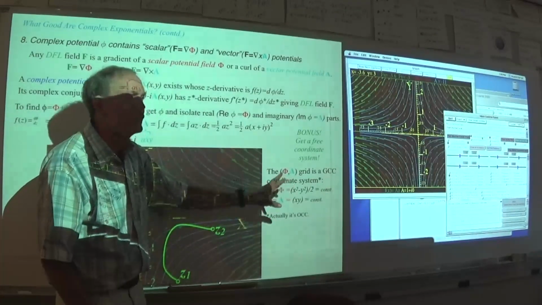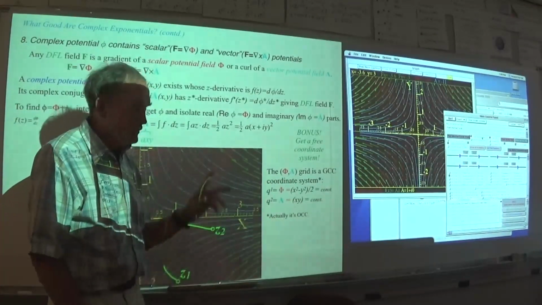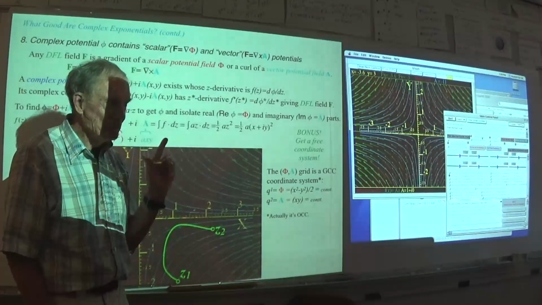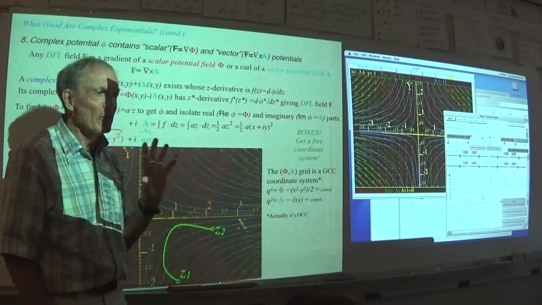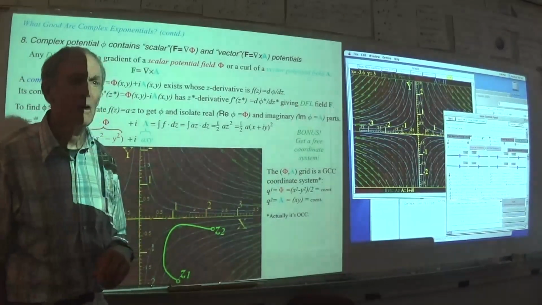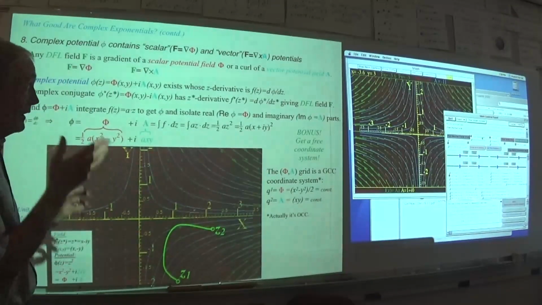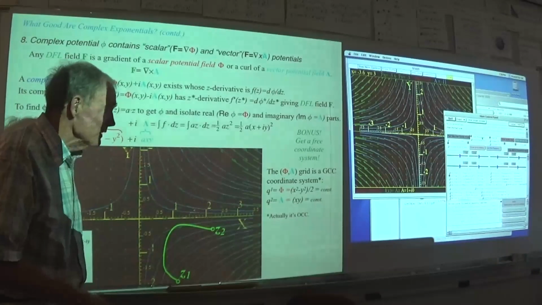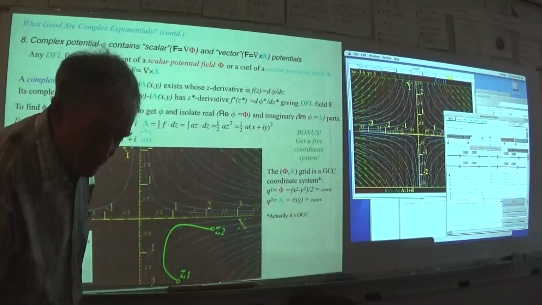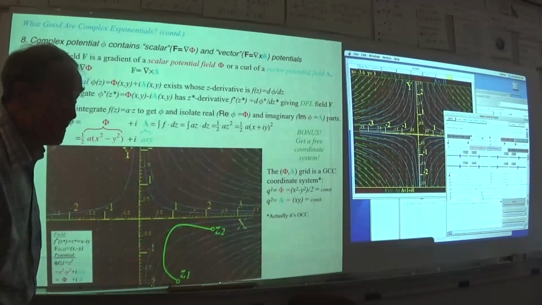So there's where you get your Jacobian, right? And you'll find that Jacobian's really simple. There's a reason for that, and that's called the Riemann-Cauchy relations, which we're using without really making a fuss about them. We need to make more of a fuss about them shortly here.